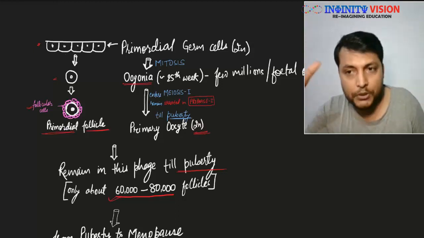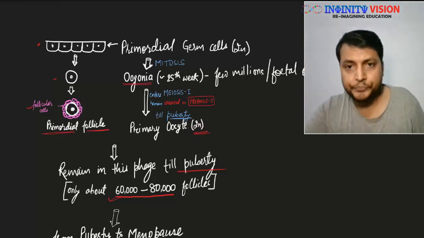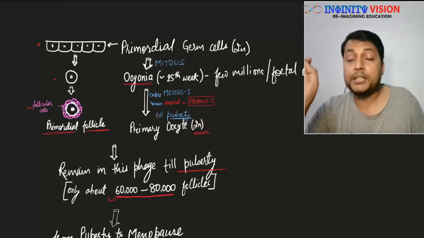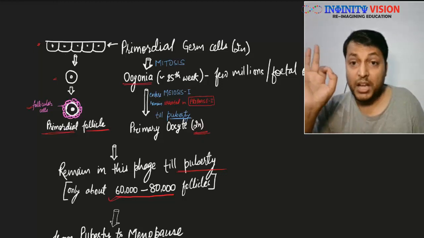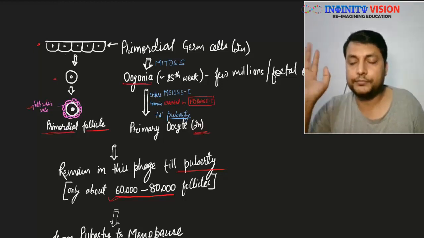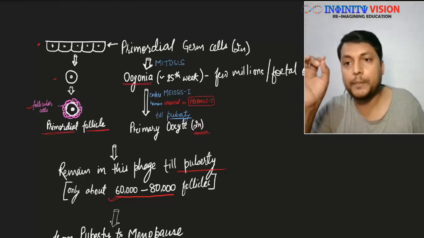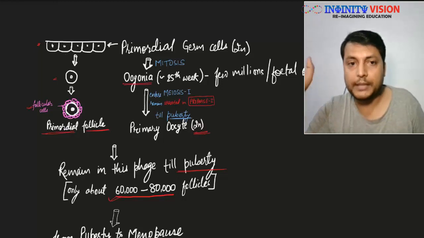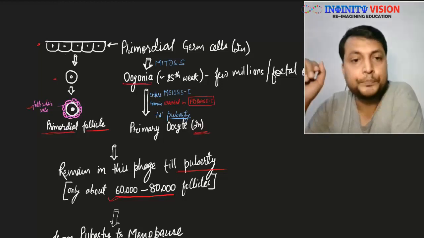Oogonia is plural, oogonium is singular, and about 1 to 2 million oogonia are formed in each ovary at about the 25th week of pregnancy.